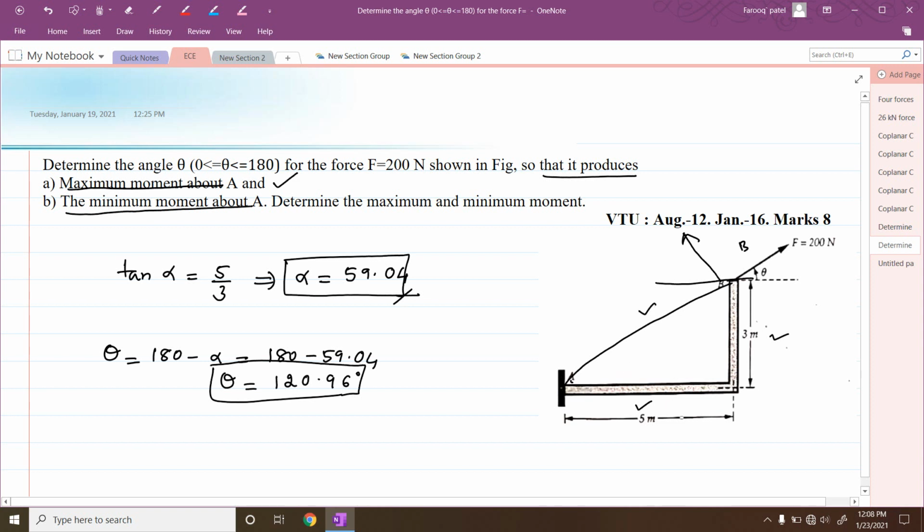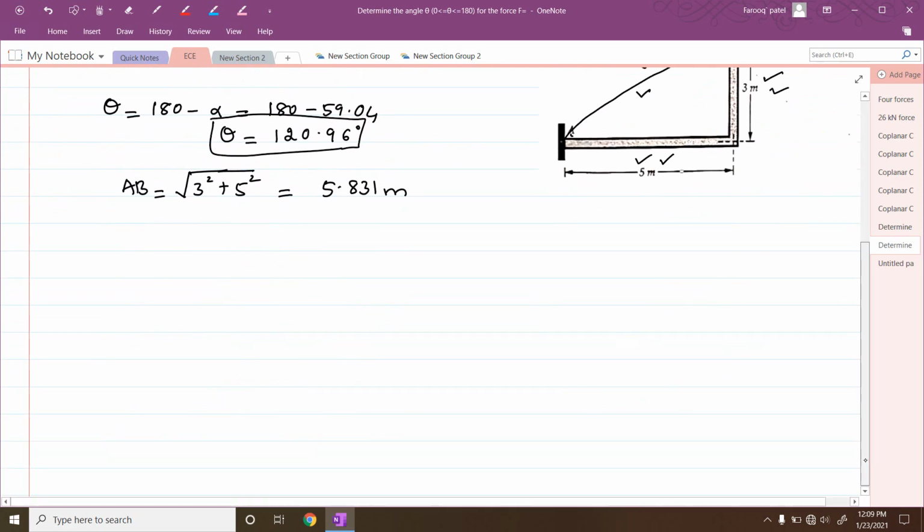As we know this side is 3 meters and this side is 5 meters, we can calculate the length AB equal to square root of 3 squared plus 5 squared, which gives 5.831 meters.